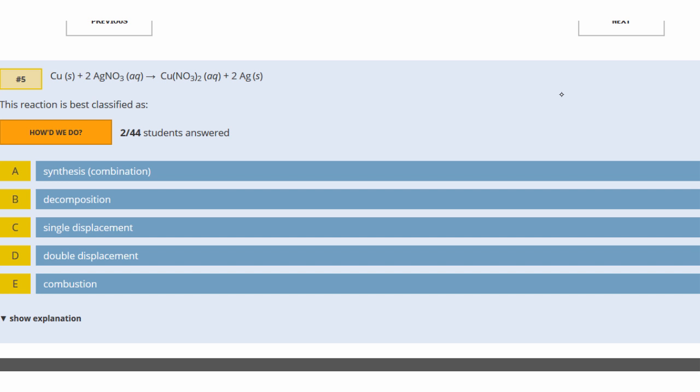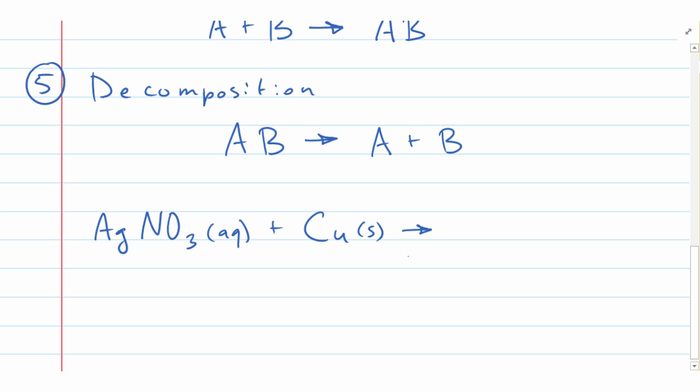And if we want to look at what happens in this particular reaction, let's first come back to here. The copper now is going to trade places with something. What do you think it's going to trade places with? Silver. The silver, exactly.